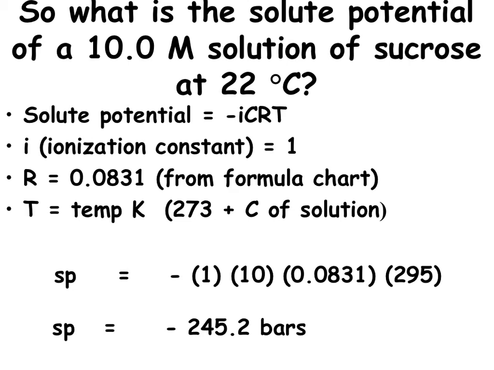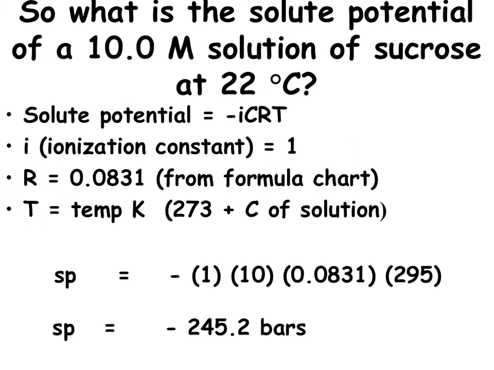So our ionization constant in this case is going to be 1 because we are working with sucrose, and sucrose does not dissociate in water. So our ionization constant is 1. R is our constant that never changes, so that's going to be your 0.0831. You get that on your formula chart.